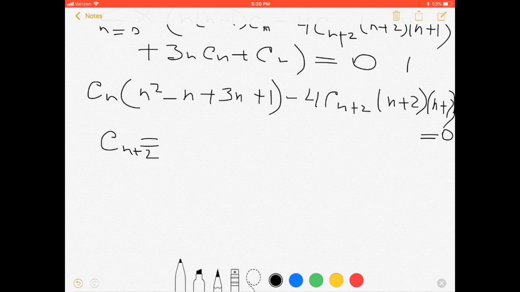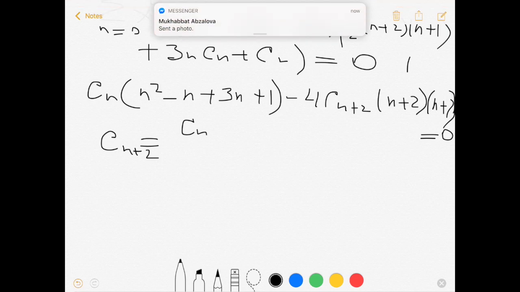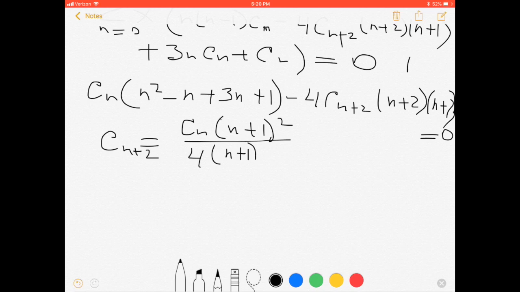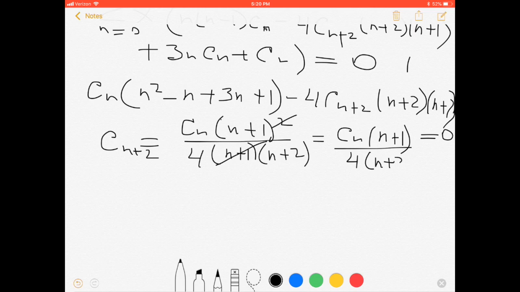If you solve this equation, counting the coefficient here, it will be n squared plus 2n plus 1, which is (n plus 1) squared, divided by 4 times (n plus 2)(n plus 1). Cancel it, and I have this formula: Cn plus 2 equals (n plus 1) divided by 4 times (n plus 2) times Cn.